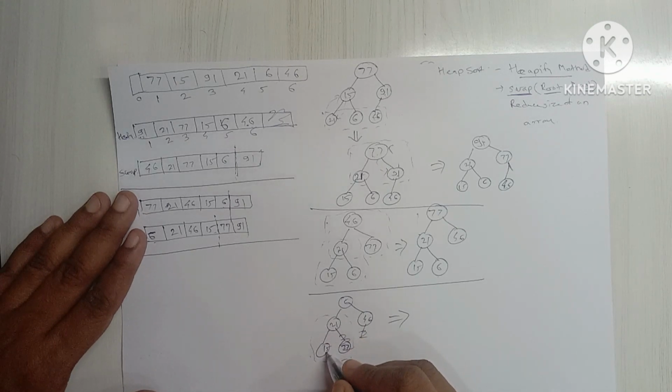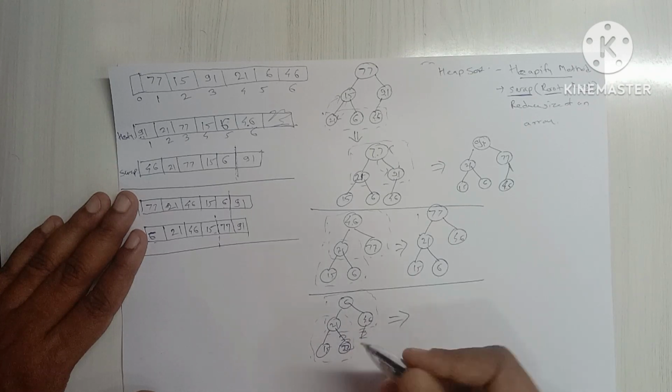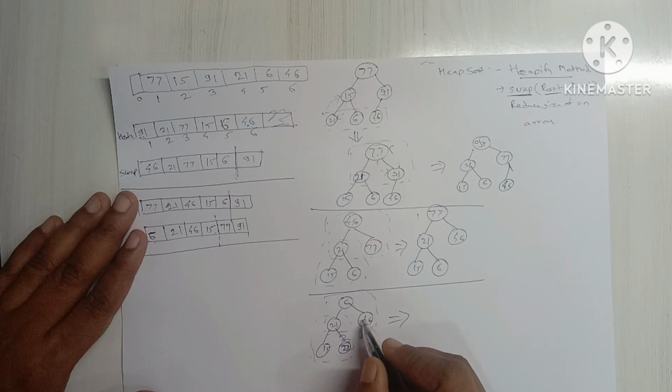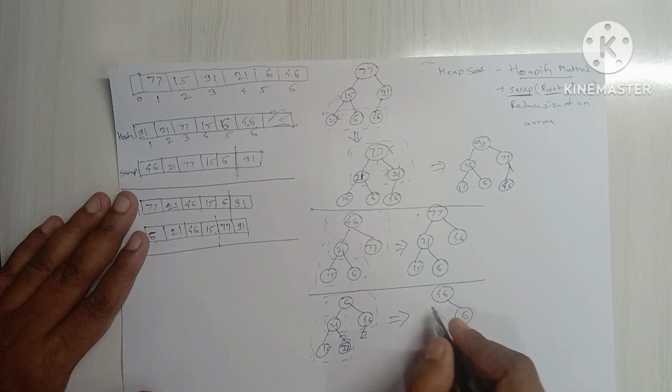21 is greater than 15. So no need to perform any operations. Now consider this subtree. Okay, 6 is greater than its children? No. So in that case, we need to swap. So which element we need to swap? Either 46 or 21. So we need to compare these two elements and find out the maximum element, and that we need to swap. So 46 is maximum, so we will swap this 46. 6 will come here.